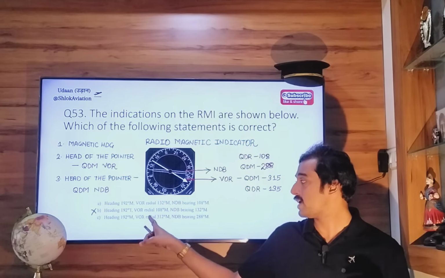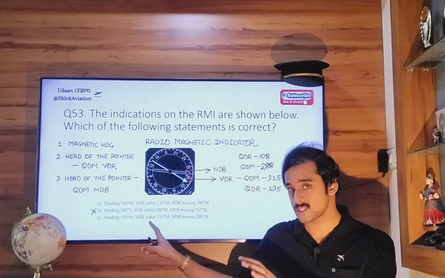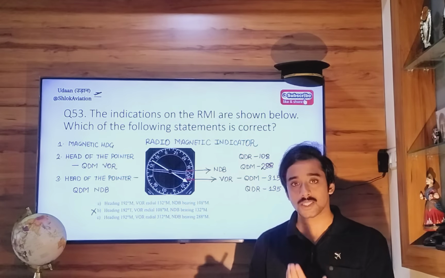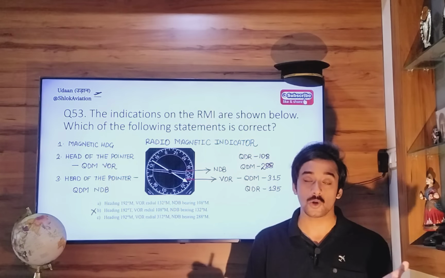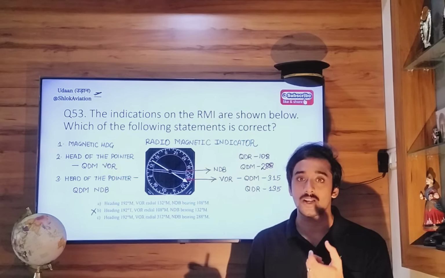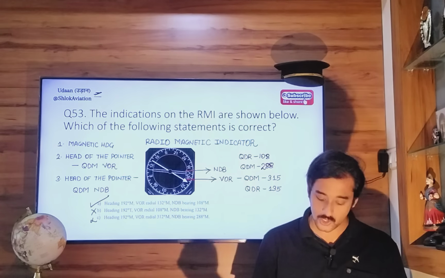So it cannot be a radial. Radial is a track that takes you away from the station. If you want to go towards the station, we say bearing to the station. If we want to go away from the station, we use the word radial. So the correct answer is option Alpha. Charlie is also eliminated.